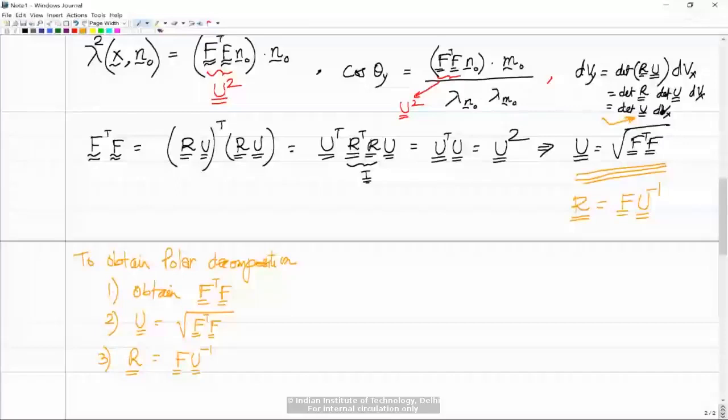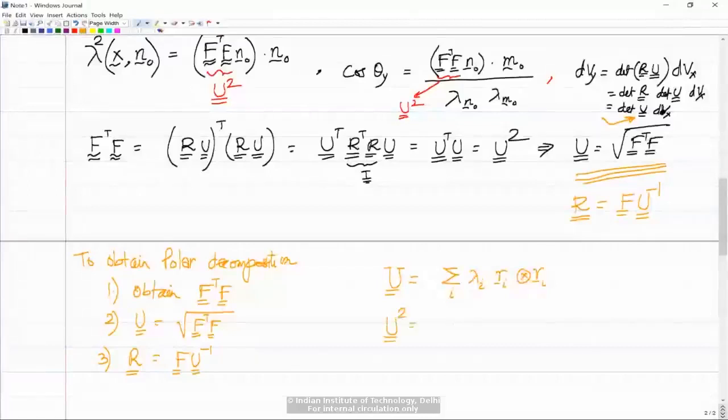So I said that this U, being symmetric positive definite, has this eigen decomposition, right? Which is, you can write it as summation over i of lambda i Ri tensor product Ri. So let us see what U square is then.